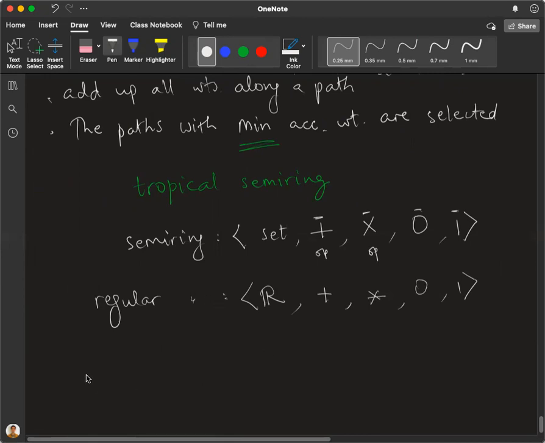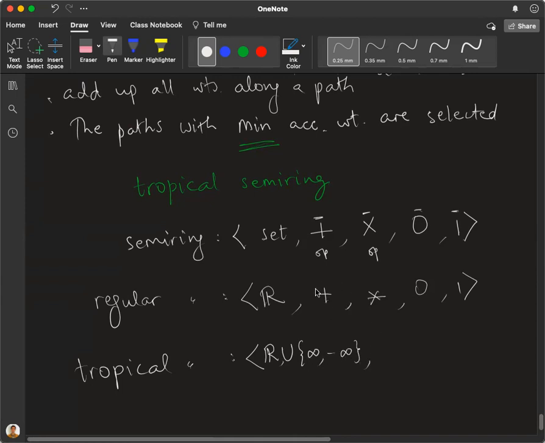So if we have a tropical semiring, how does it look? We have the real space, but also the real space union two symbols, infinity and minus infinity. These are two concepts that I will explain a little now.